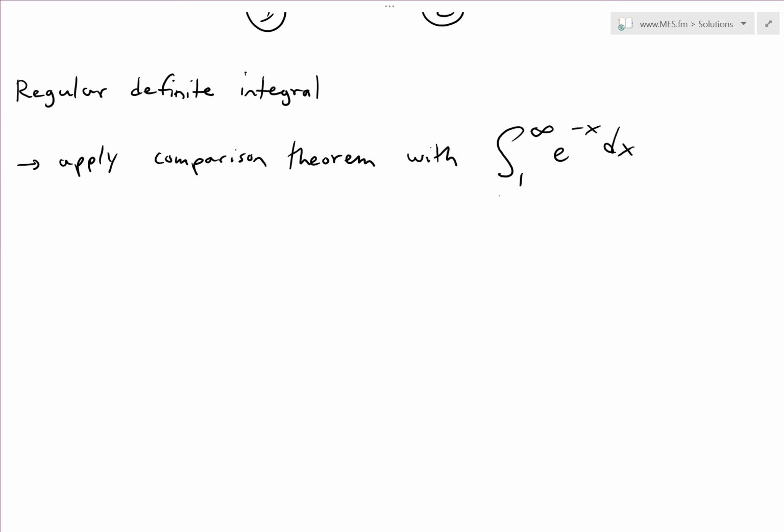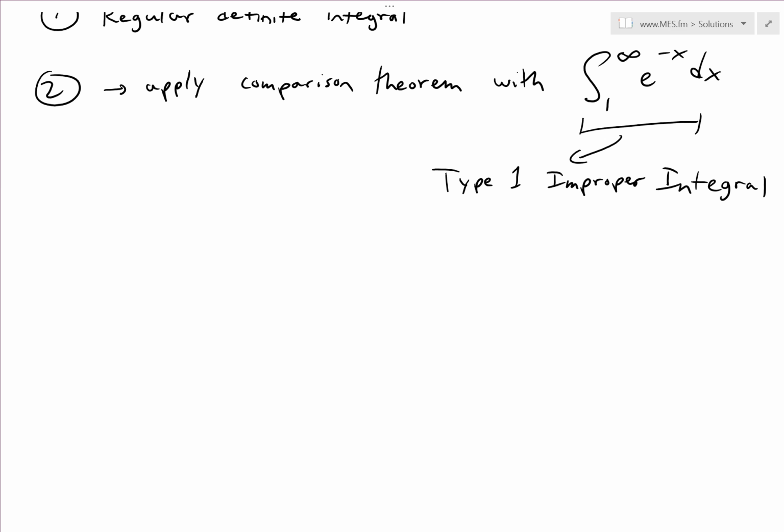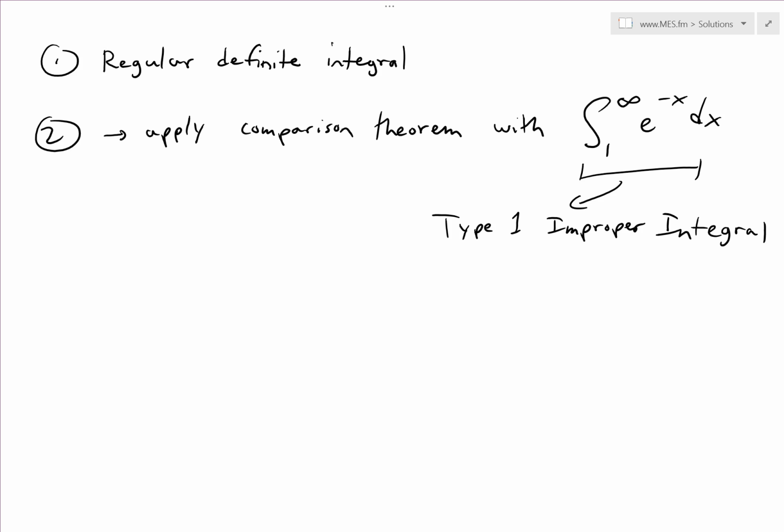Like I've always covered before, this is just a type 1 improper integral. This just means there's an infinite interval from 1 to infinity. So what we have to do is write it as a limit of a definite integral.